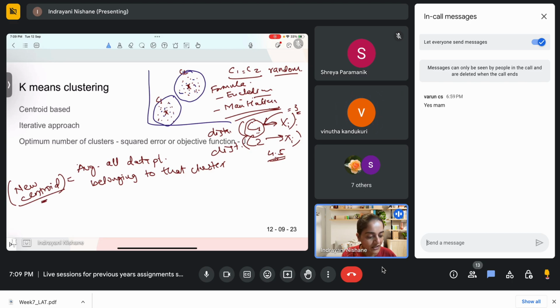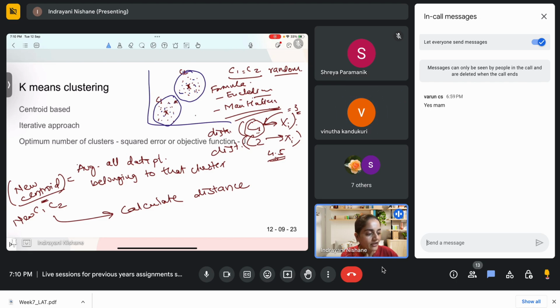Once we have this new centroid value, new C1 and new C2, we will again calculate the distance from all the data points to C1 and C2. We will again see from which centroid a particular data point is closest, and we will reshuffle the clusters.